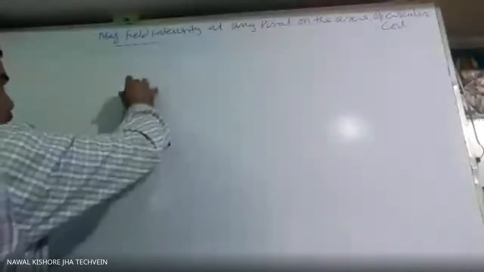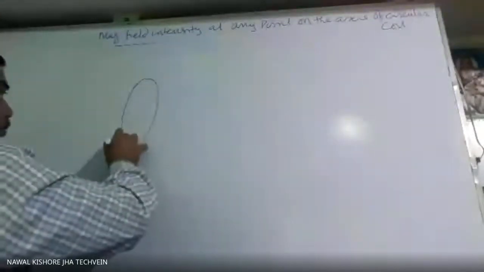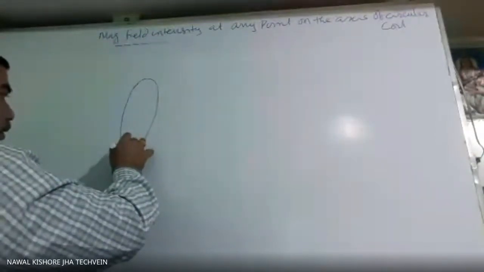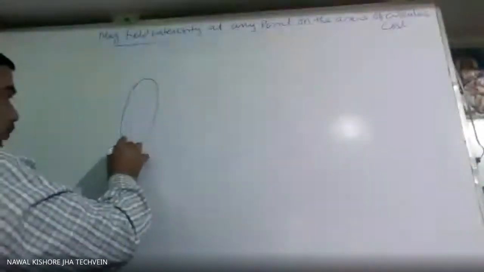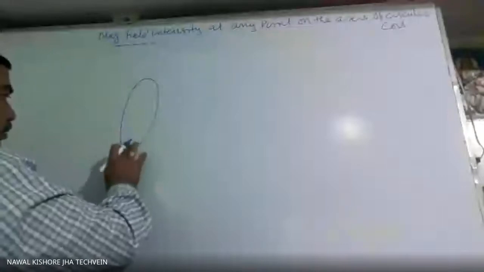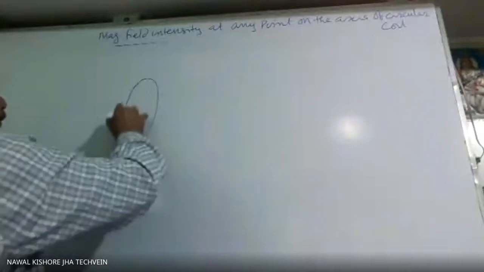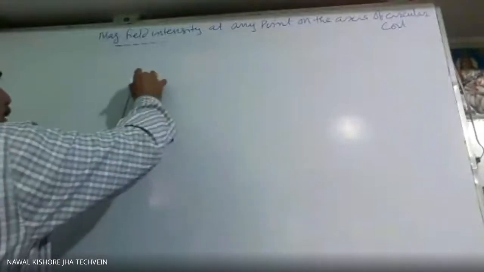Suppose this is a circular coil or circular loop. After giving so many rotations, suppose the current is coming out.